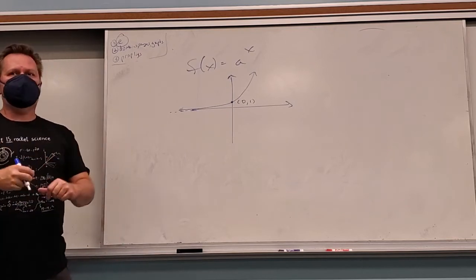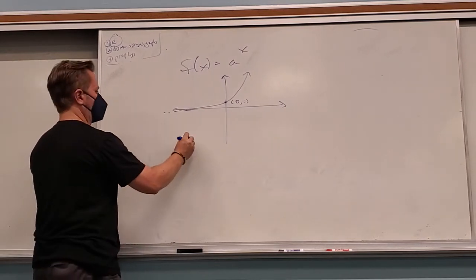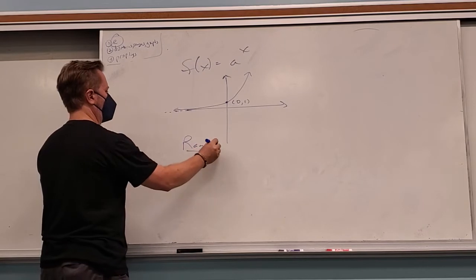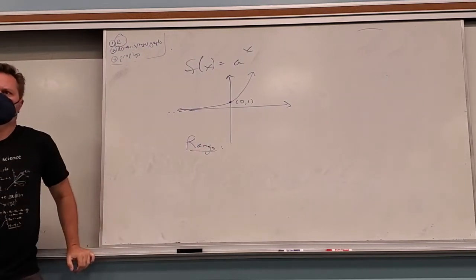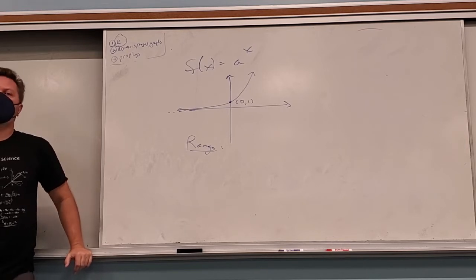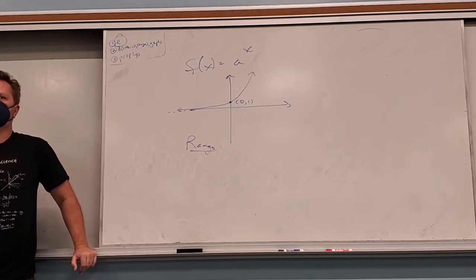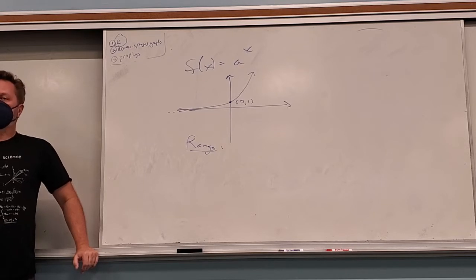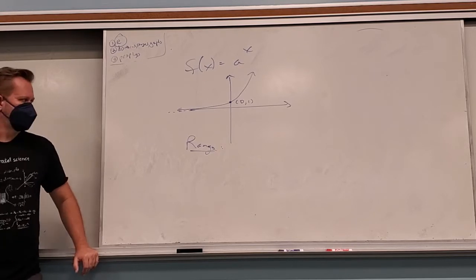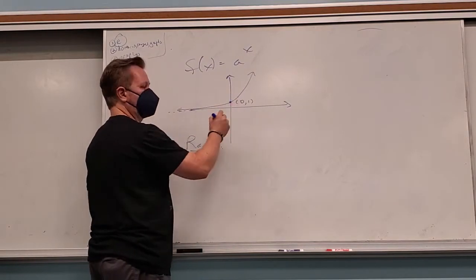So tell me this. What is the range of this? Not all real numbers, because the range is all the outputs. What outputs do I definitely not get? I can't get 0 or negative, so I can only get, well, I can also get 0.35, I can get 1.769.